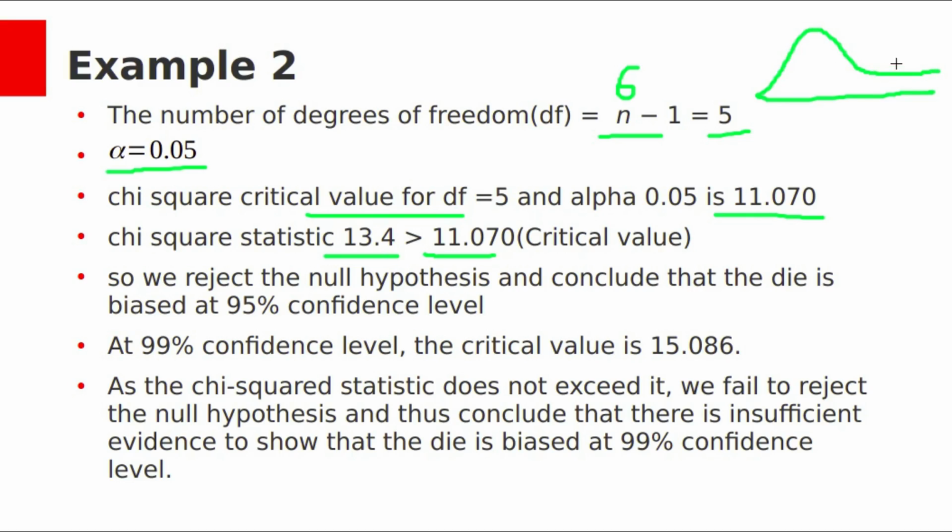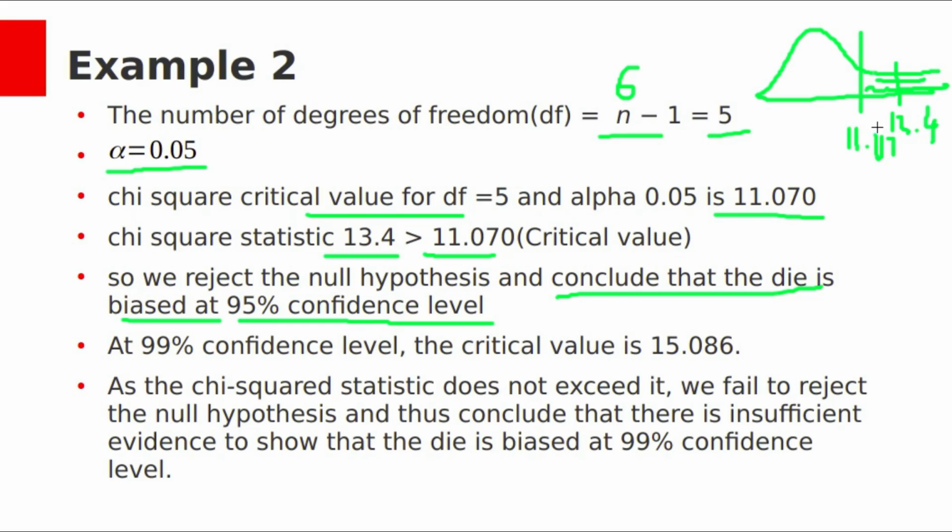The chi-square statistic is 13.4 and the critical value is 11.07. This is the rejection region. The chi-square statistic is falling in the rejection region. So we reject the null hypothesis and conclude that the die is biased at 95% confidence level.